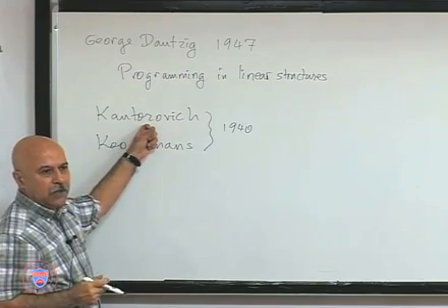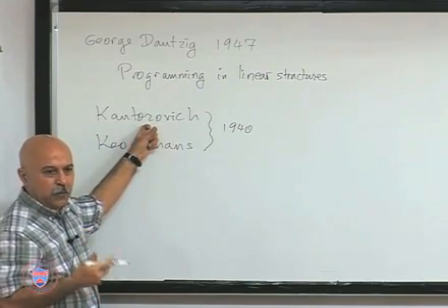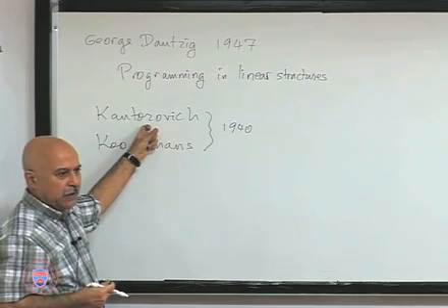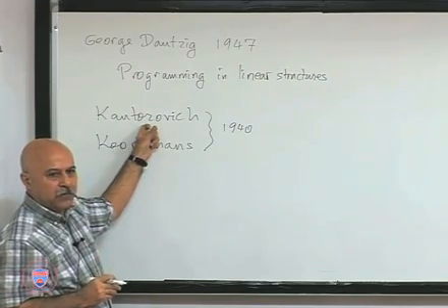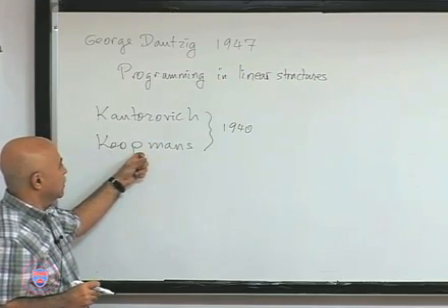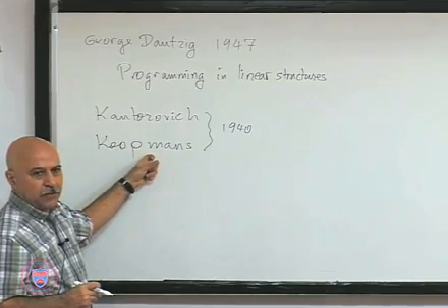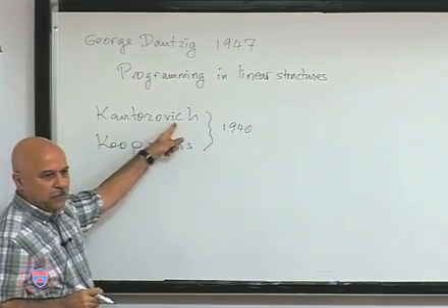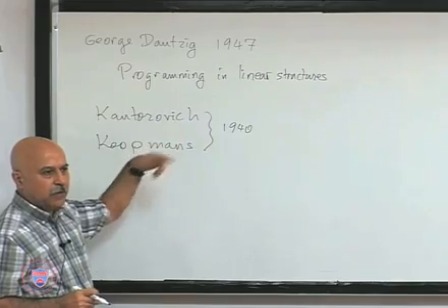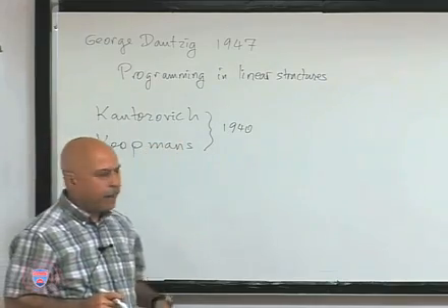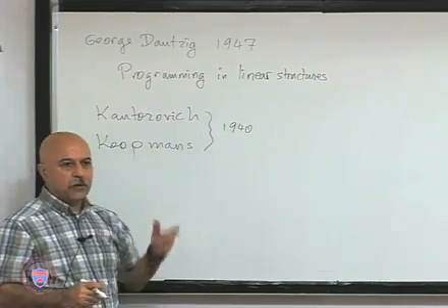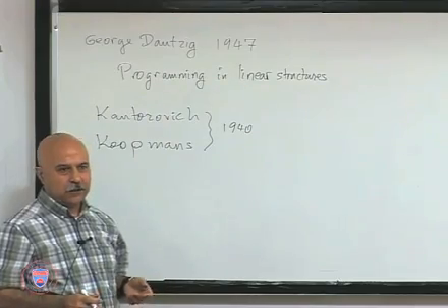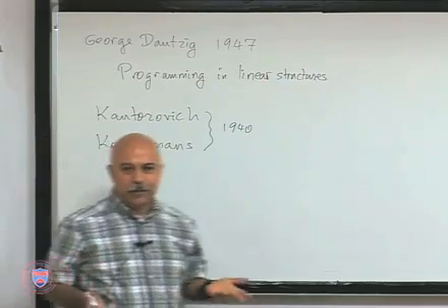Kantorovich was working on input-output analysis in modeling some portion of the economy of Russia, and Koopmans was doing similar work also in the United States in 1945. Kantorovich was working on these problems in 1941-42. And he did, in fact, publish a work in Russian in Duality Sciences, but nobody knew about it.